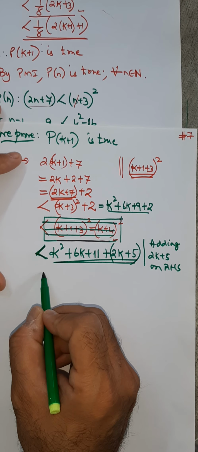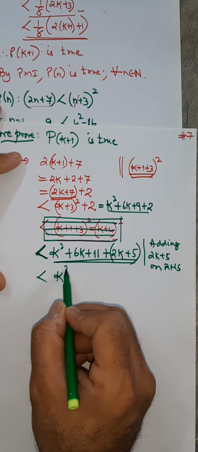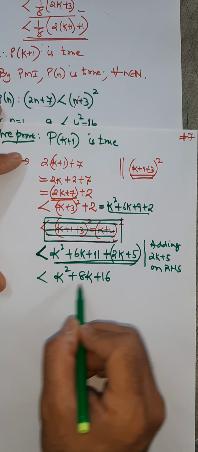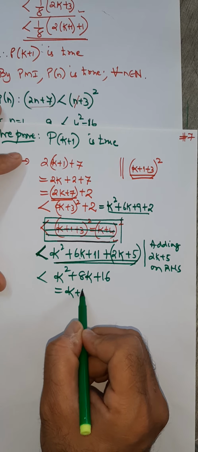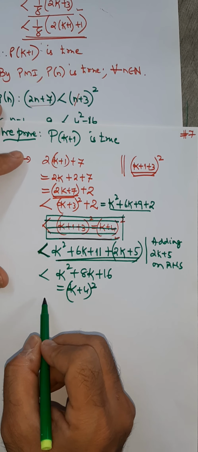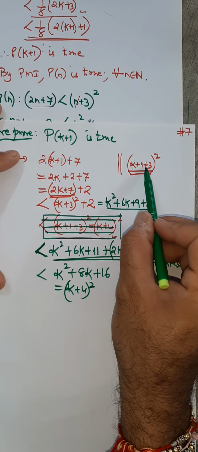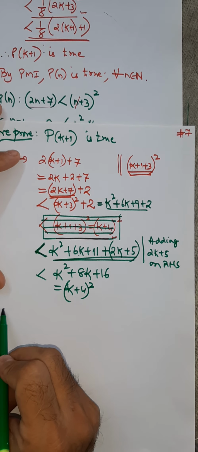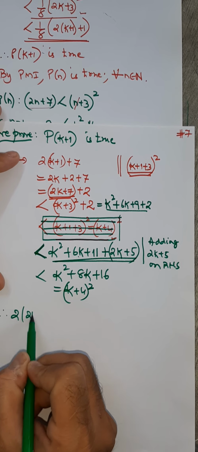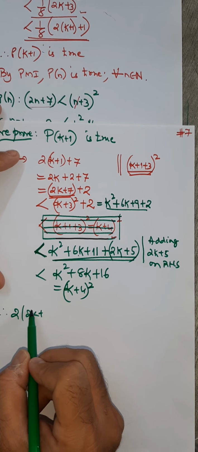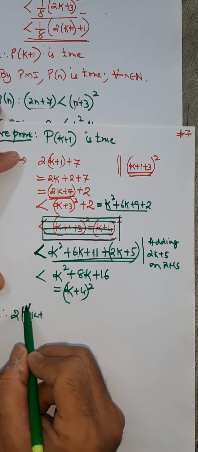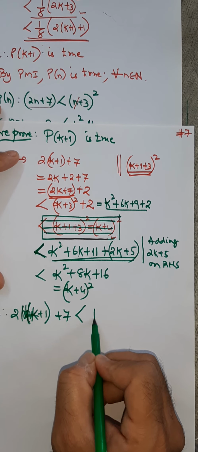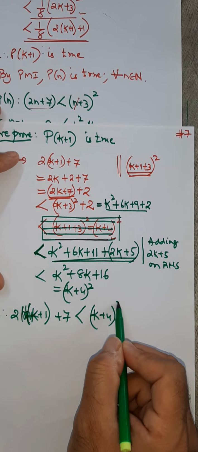Now what is this? This is nothing but k square plus 8k plus 16, and that is nothing but what? k plus 4 the whole square. That's what you wanted. You wanted k plus 1 plus 3 the whole square, that is k plus 4 the whole square. So what you have shown finally, 2 into k plus 1 plus 7 is less than k plus 4 the whole square.